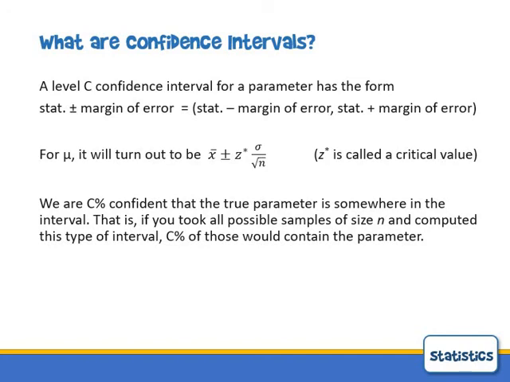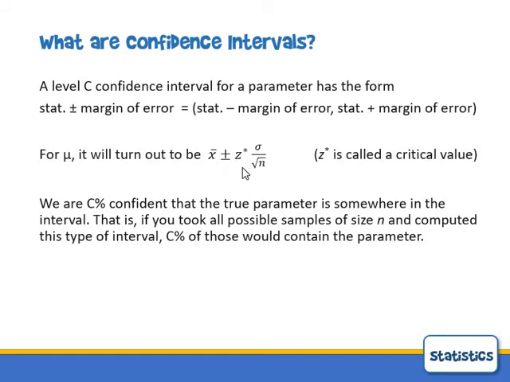So for the z-interval, we wind up with this formula: your confidence interval is centered around the sample mean, so it'll be x bar plus or minus what we call the margin of error, which for the z-interval is z star, is the way we read that, z star sigma over square root of n. Now sigma over square root of n, we know from the central limit theorem and from previous sections, is the standard deviation of x bar.